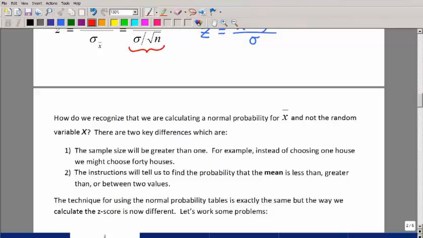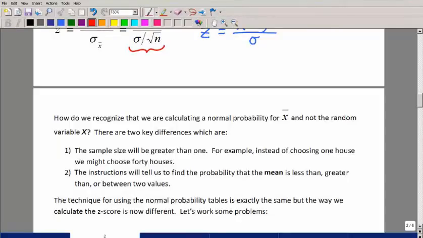Now, oftentimes where students have trouble on this is how do we recognize when we're calculating a normal probability for x bar and not random variable x? Like, how do we distinguish the difference when we read a problem? There are two key differences. First of all, the sample size will be greater than 1. For example, instead of choosing one house, we might choose 40 houses.